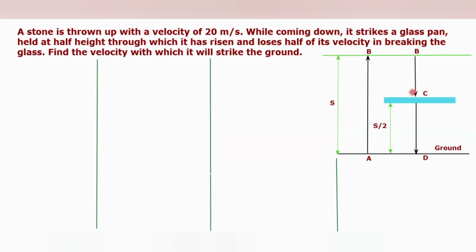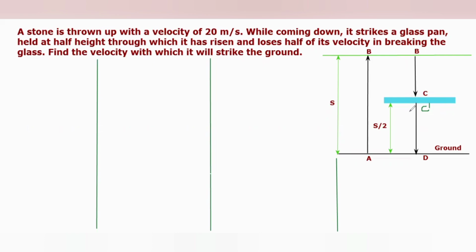So we can say two points here, C and C dash. C is the point at which it hits the glass window with some velocity.